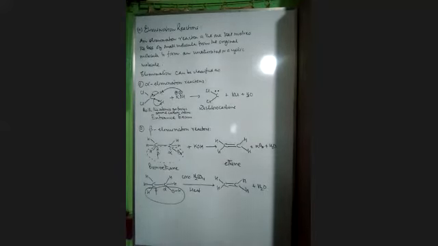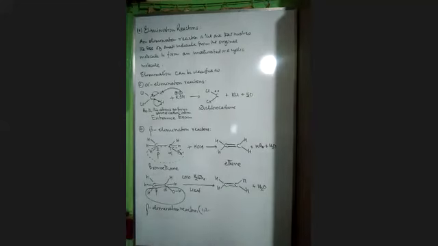Beta elimination reaction. So what do you find now here? Beta elimination reaction. Sometimes it is also known as 1,2 elimination. This is 1 and this is 2. Okay.